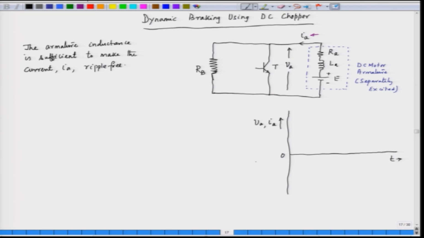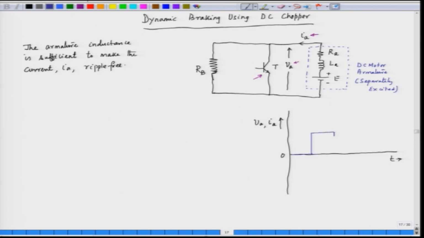When the switch is closed, the voltage VA is 0. So, we can show that by the 0 line here. When the switch is open, the transistor T is turned off, and the voltage rises to some finite value.